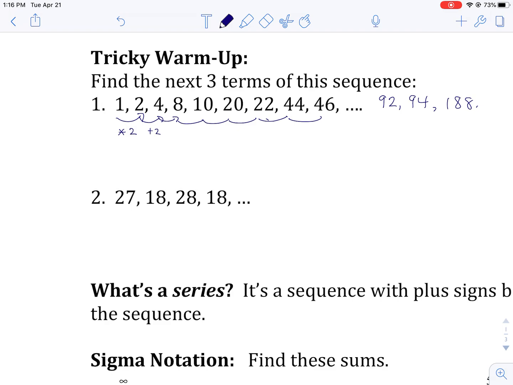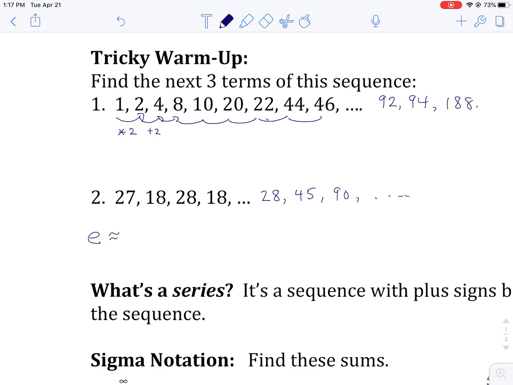So a little bit tricky. It was kind of a combination of an arithmetic and geometric sequence. Now the next one, you can look at this forever and not get it. But the next three terms are 28, 45, and 90. And guess what this is?